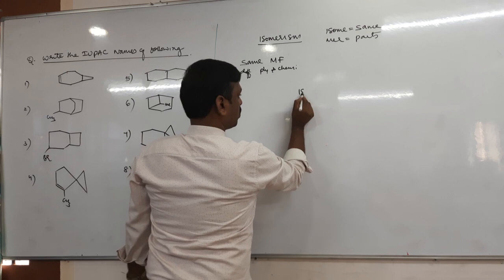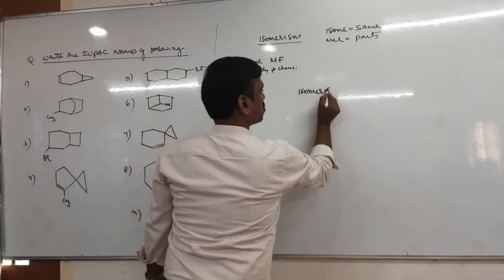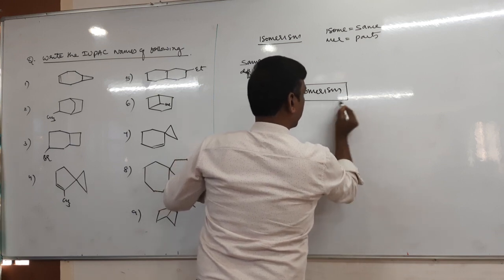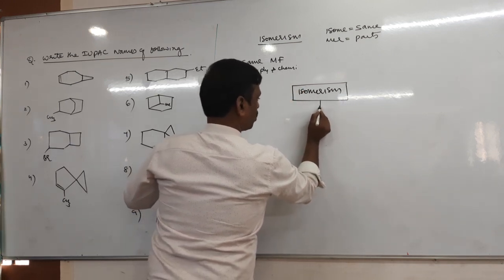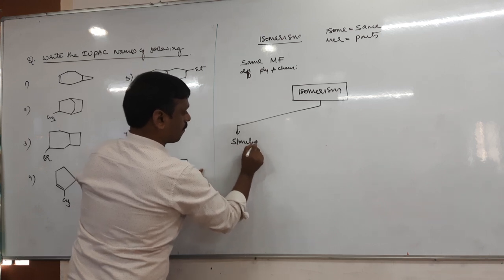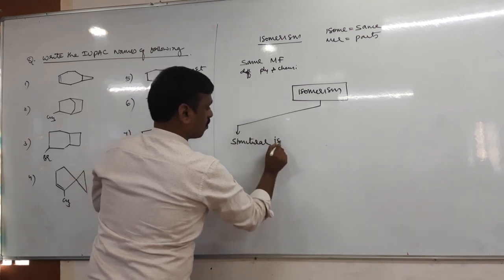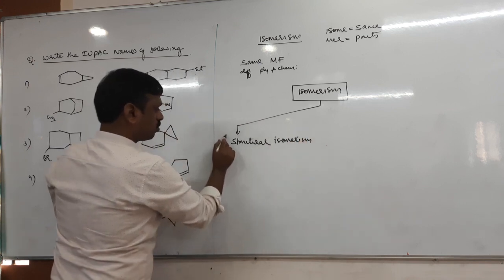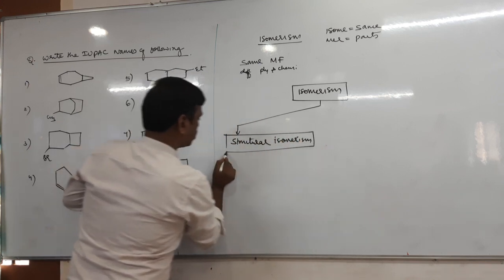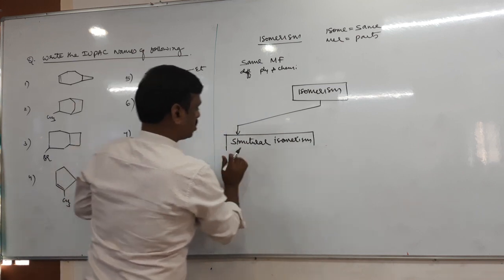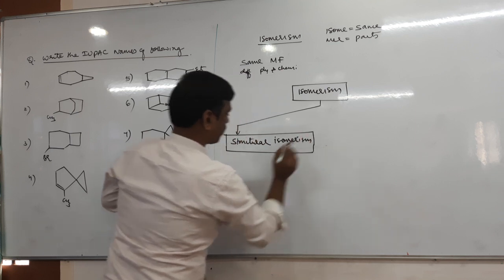Therefore isomerism is of two types in organic chemistry. One, structural isomerism. See, one question can be expected in NEET. This structural isomerism is also called skeletal isomerism.